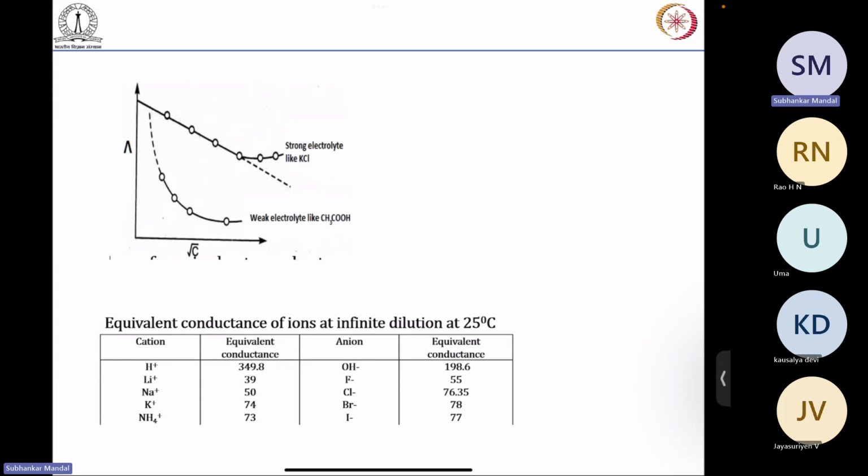How will the equivalent conductance change for a strong electrolyte, that is KCl, which we already discussed, completely dissociates? KCl dissociates into K plus and Cl minus, so it completely dissociates in the electrolyte.